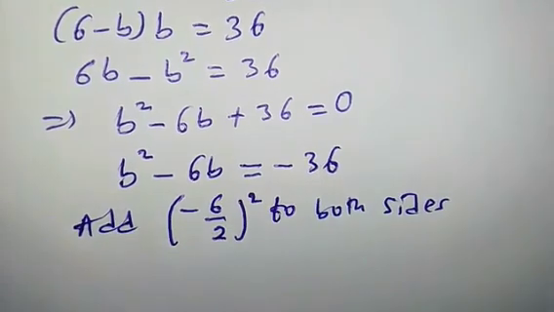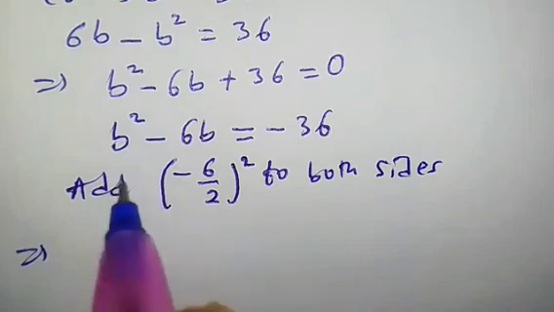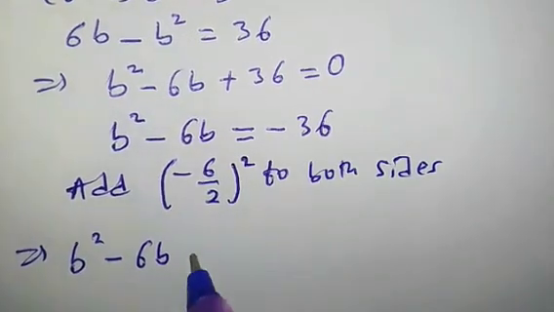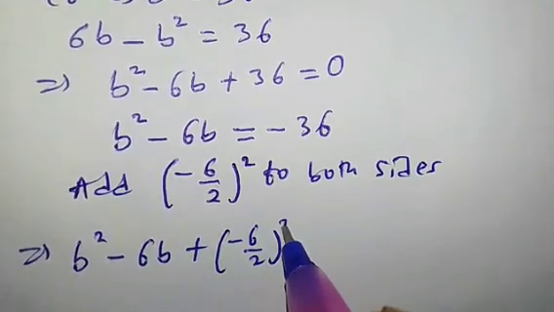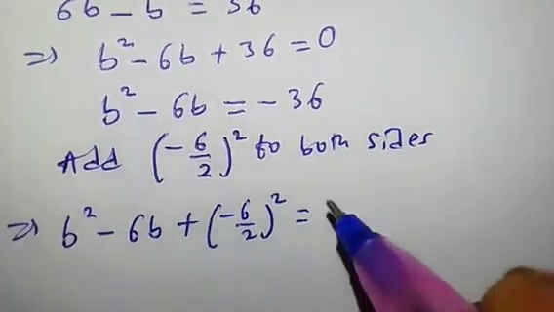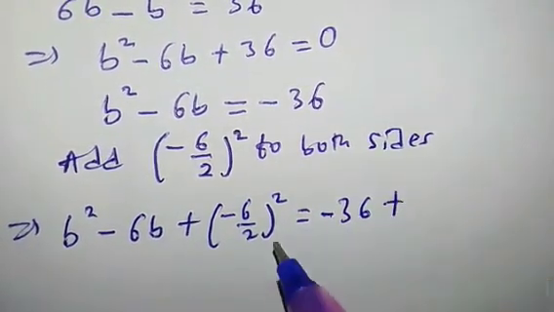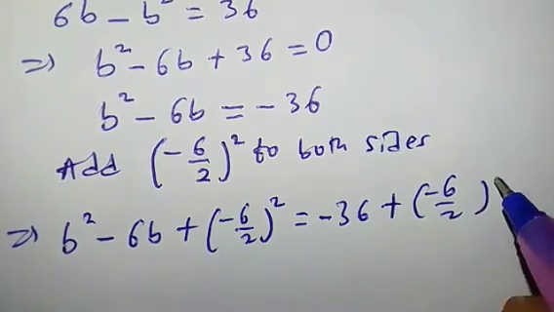That's the second step in completing the square method. So doing that, we're going to have b squared minus 6b plus minus 6 over 2 all squared equal to the right hand side, minus 36 plus again minus 6 over 2 all squared.